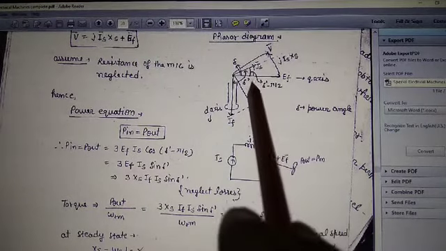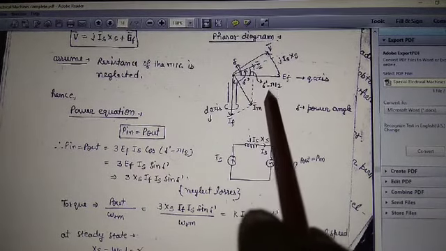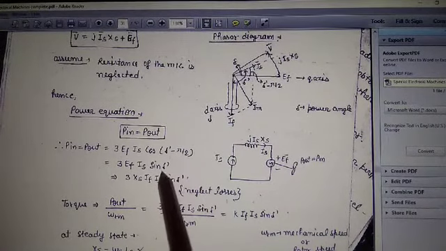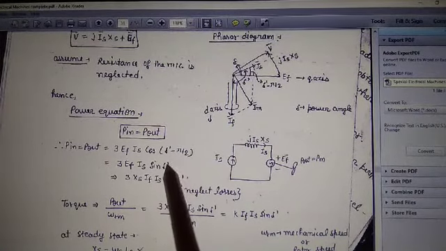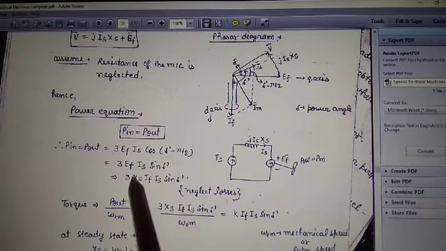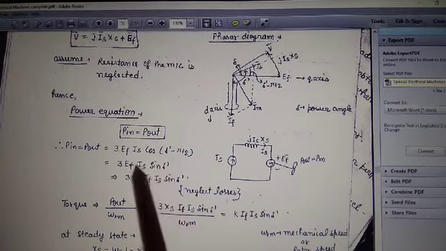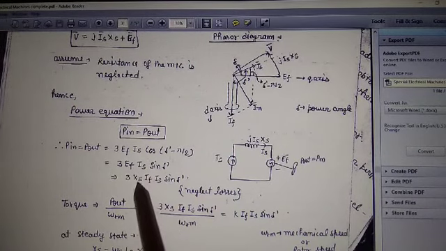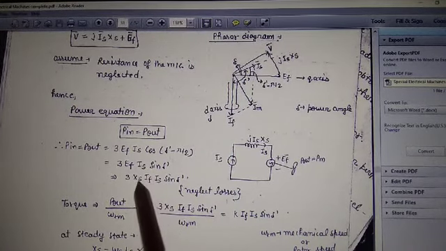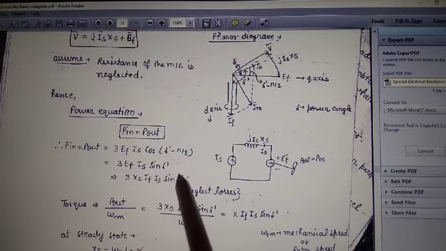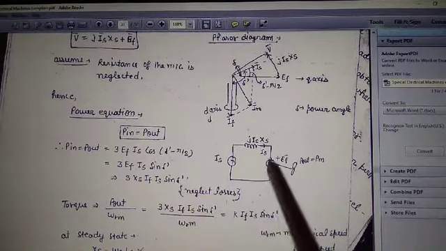The angle between IS and EF is delta prime minus pi by 2, so cos of delta prime minus pi by 2 converts to sin delta prime. So 3 EF Xs sin delta. If we put the value of EF, then 3 Xs IF Xs sin delta, neglecting the losses.